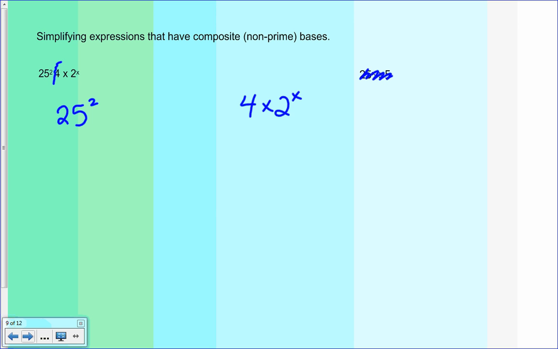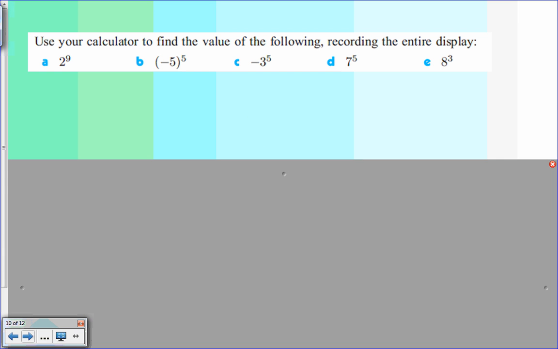Okay, so this is going to be 5 squared squared, which is 5 to the 4th. This is 2 squared times 2 to the power of x, which is 2 to the power of x plus 2. Okay, almost there.